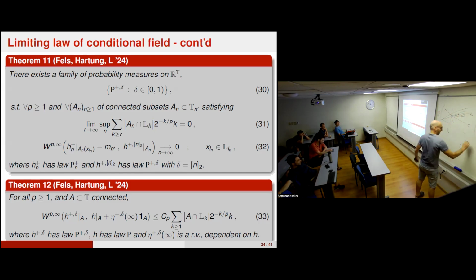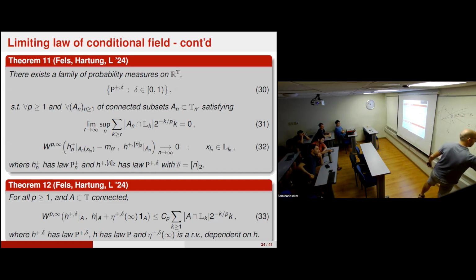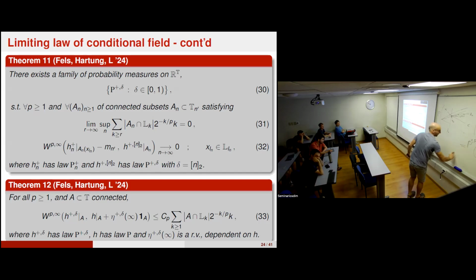This is the probability of this P plus, roughly below 1 in this Wasserstein metric. So the first theorem is a comparison between the conditional law and this limiting law, this construction I'm not giving you.